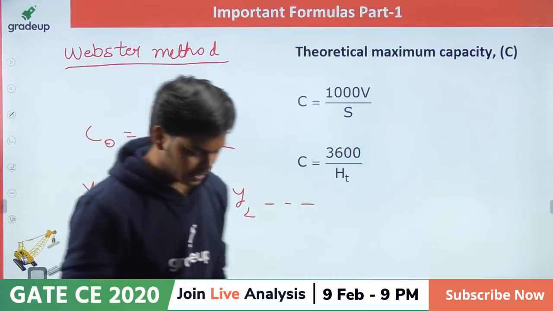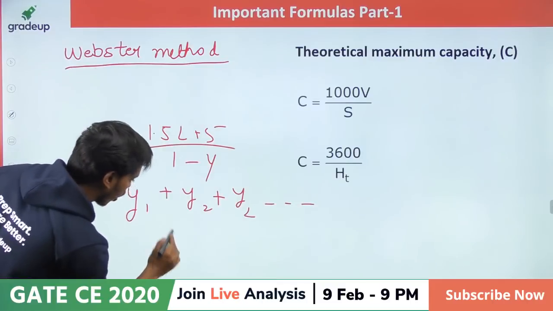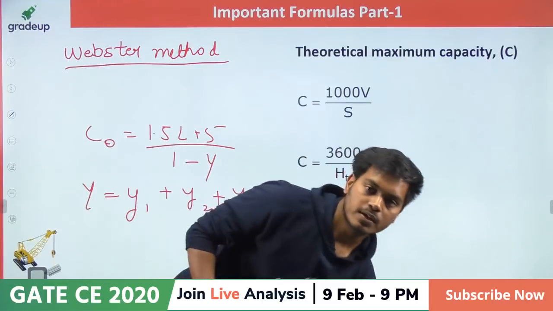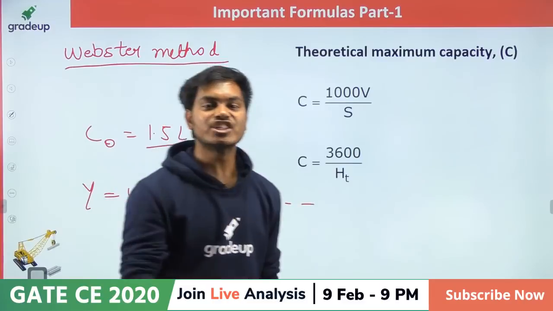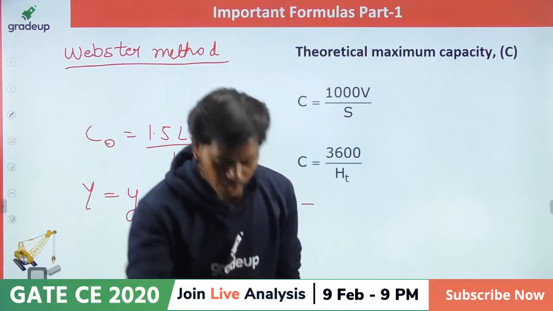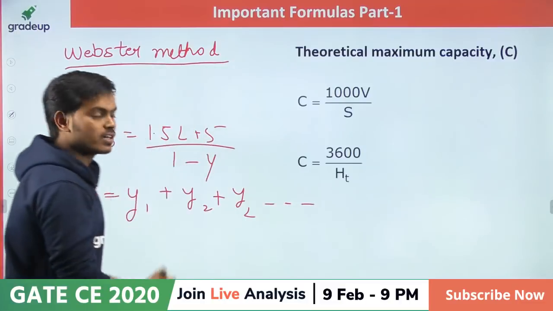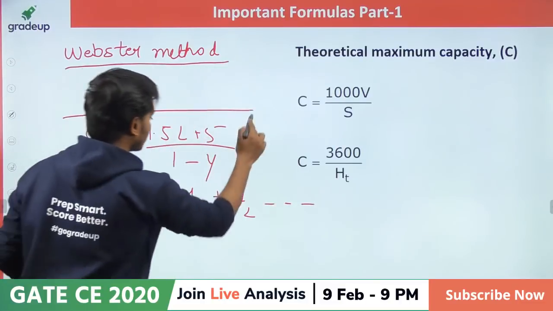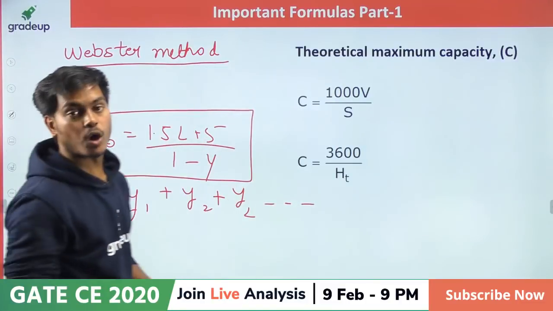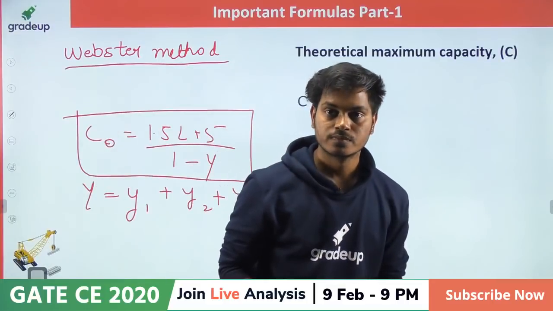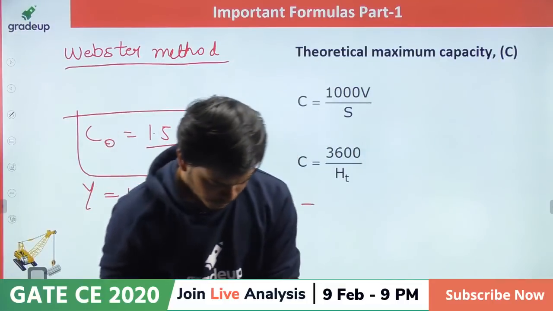And Y is nothing but your normal flow upon saturation flow. It is the ratio of your normal flow to the saturation flow. ठीक है? So in this manner you will be able to get the value of optimum cycle length of a traffic signal. ठीक है? Okay?